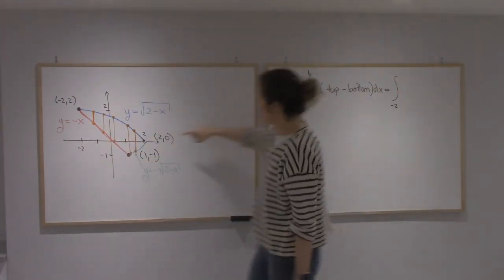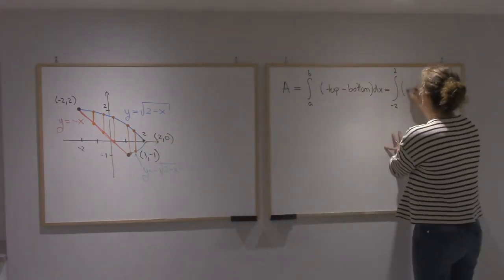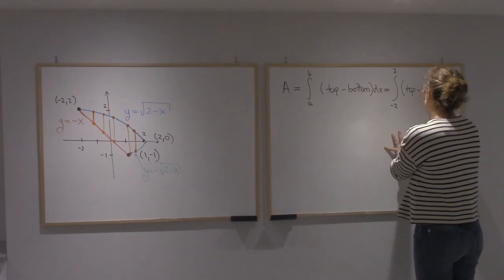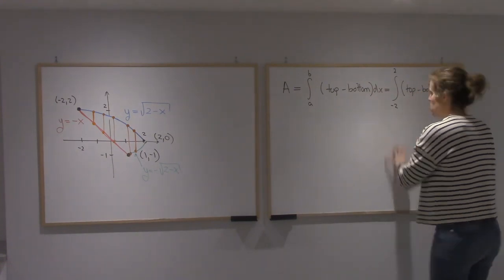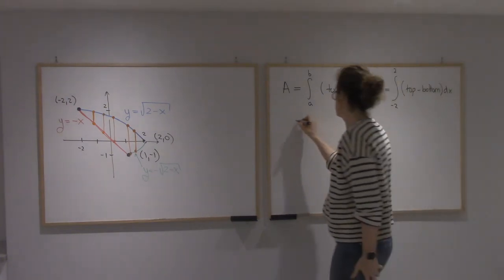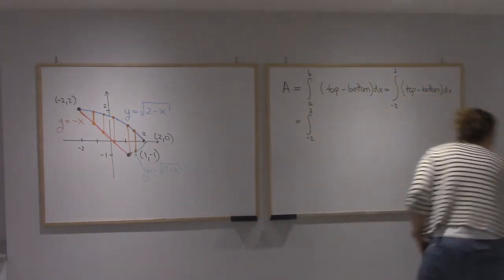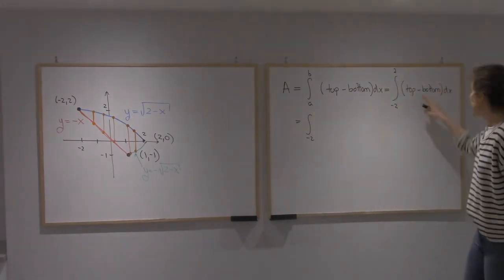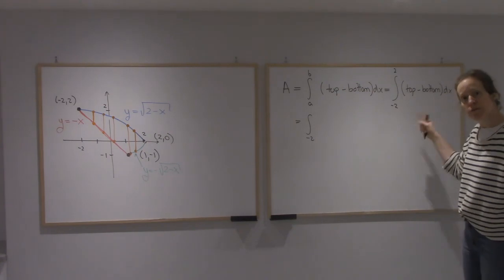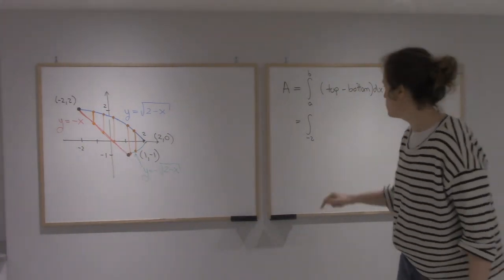The biggest x is over here at +2. Like I said, I can't write a one expression formula for bottom, so I'll split it.